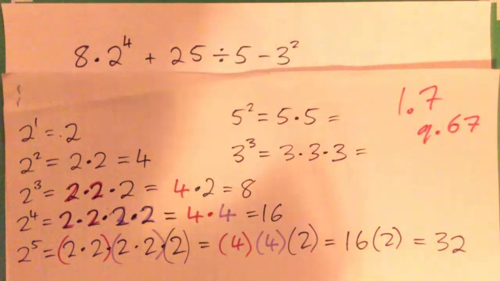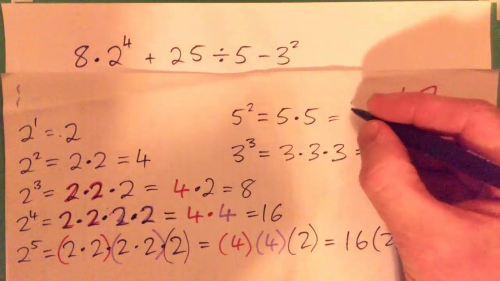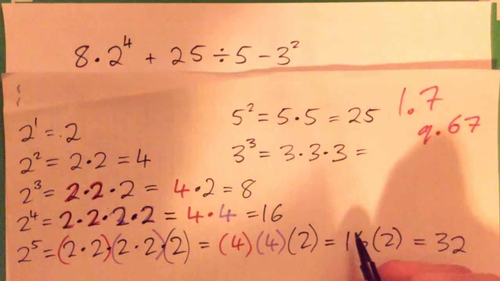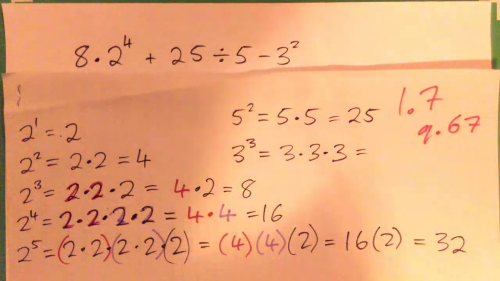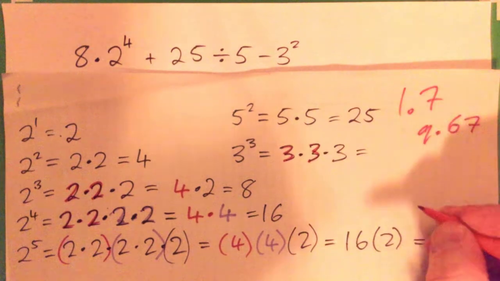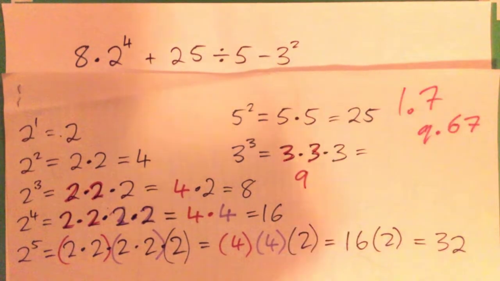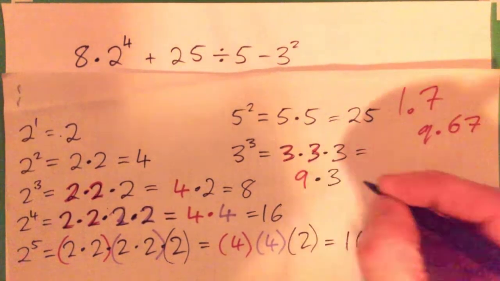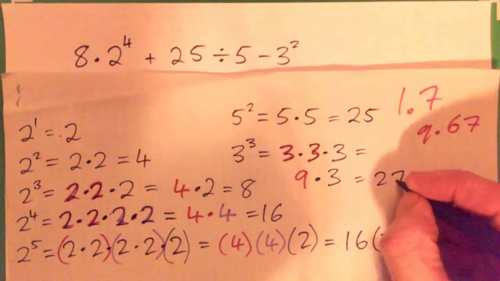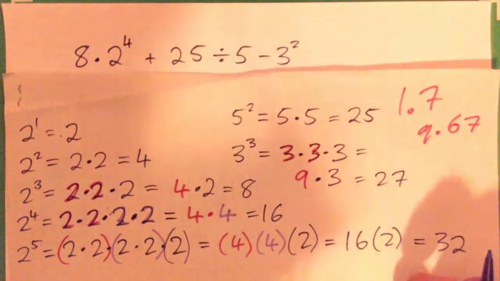But what's the 3 cubed got to be? No. 3 times 3, 9. 9 times 3, 27. Good.